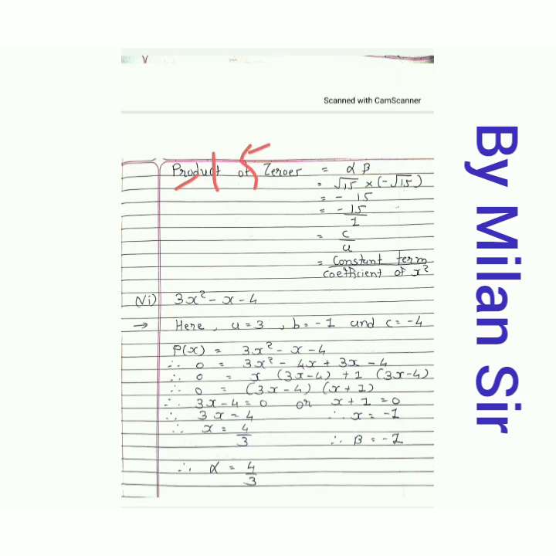Then skip the next step and directly write down c by a. Now the value of c is minus 15, value of a is 1. So in this way you can get c by a. Now c means the constant term and a means the coefficient of t square. Again here a mistake is there, we cannot write x square but t square.